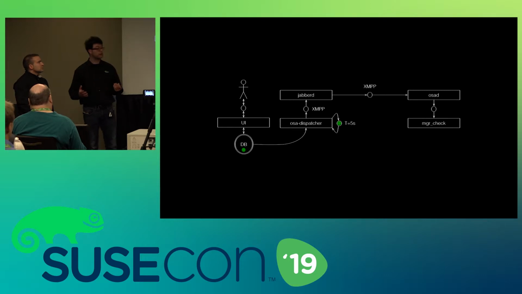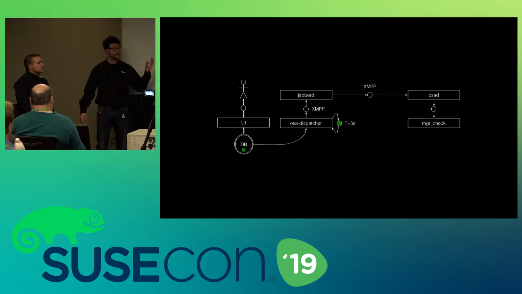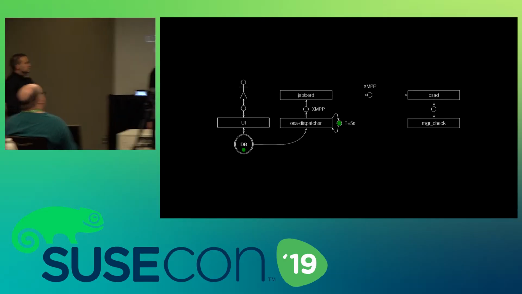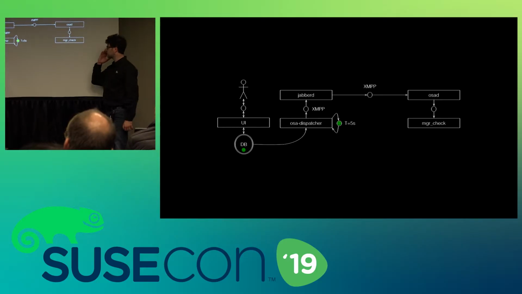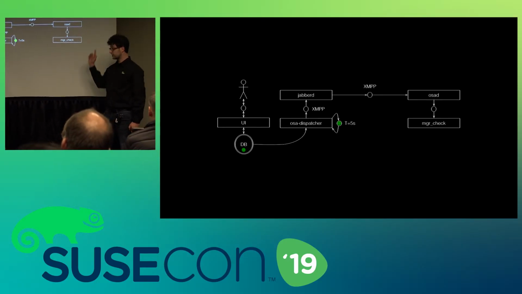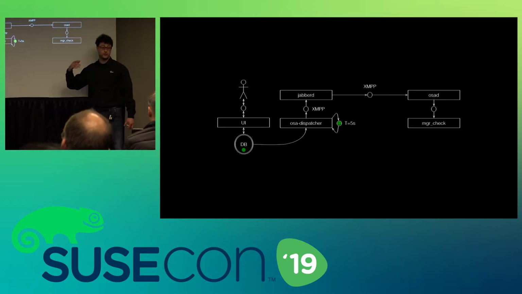And they could be diagnosed by looking at the logs and seeing, okay, has the message left JabberD? Has the message been received by OSAD? And sometimes we had to find and correct bugs because the message was not delivered. And at the end of the day, that means that mgr check is not immediately fired.